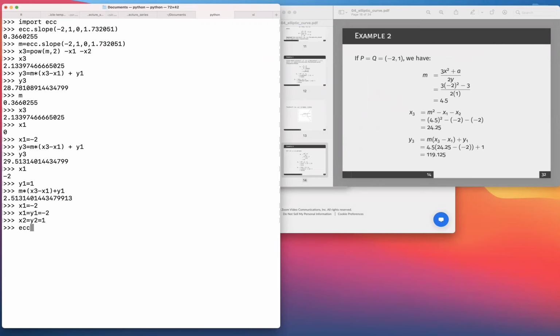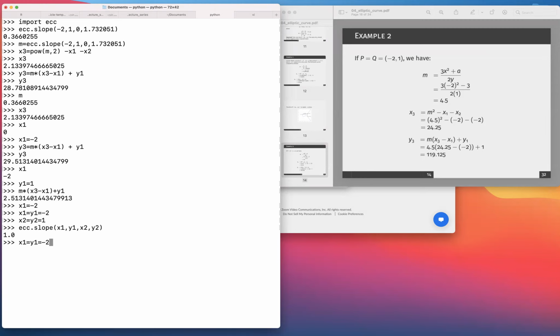Then we have ECC.slope, which will give you the value of x1, y1, x2, y2.